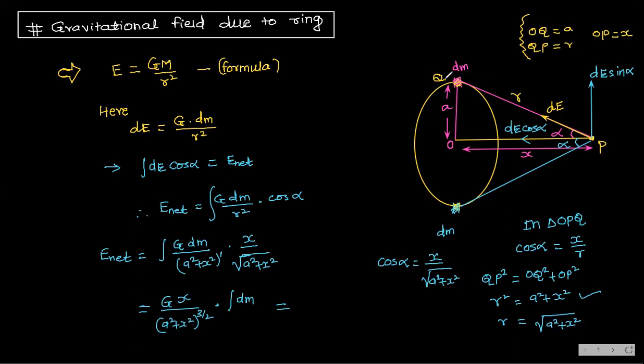Summation of all the masses, which is equal to the complete mass of the ring, and therefore you will get gmx divided by a square plus x square whole power 3 by 2. This is due to the ring. Understand? E net is equal to what then? gmx divided by a square plus x square whole power 3 by 2. Clear?